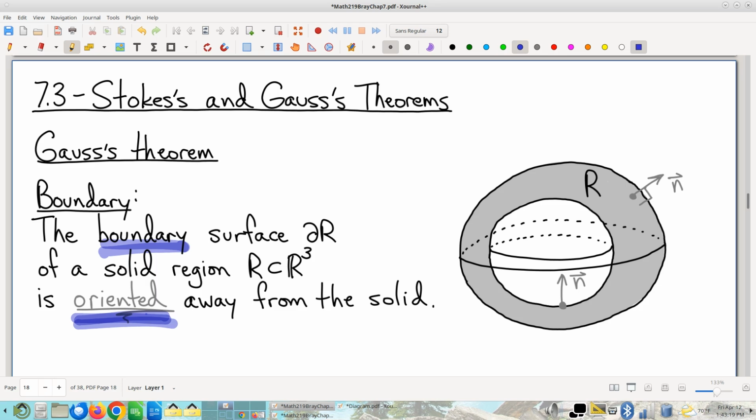And so what's the orientation that we take? Whatever point you're looking at on the boundary, you're going to be tempted to call the orientation outward. Very tempting to call it outward. And on the outside part of the boundary, it is outward. But more generally and more precisely, what it always is is away from where the solid is.